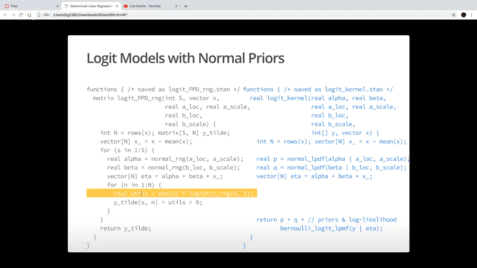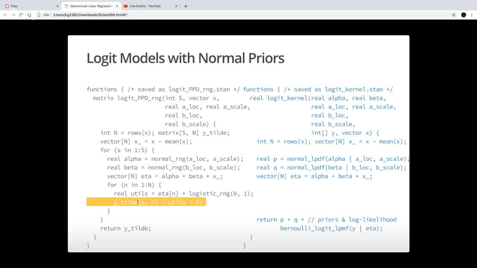So if we think of that as the utility for the difference between whatever success and failure is, or something like that, that we might estimate a Bernoulli model for. If we think of this as the utility difference, then we're going to say y is 1 if utility is positive, indicating there's a higher utility for choice 1 than for choice 0. And if utility is negative, then the person chooses whatever choice 0 is. So we just have this indicator function.